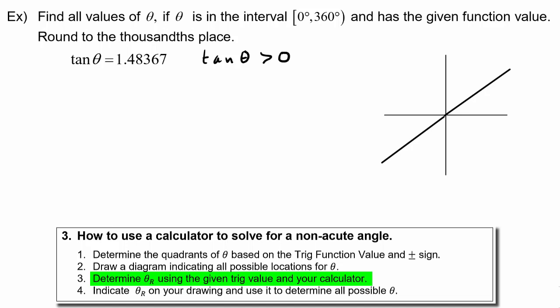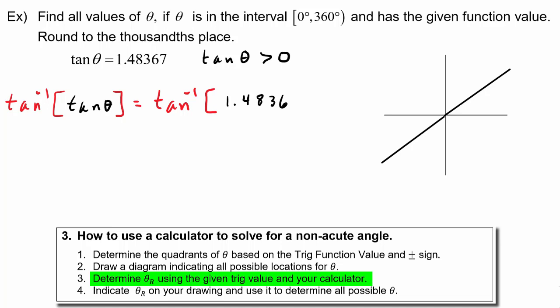So to get at theta, we know we will have to take the tangent inverse to undo that tangent function, which means we have to do the same thing on the right-hand side. Take the tangent inverse, in this case of the 1.48367.